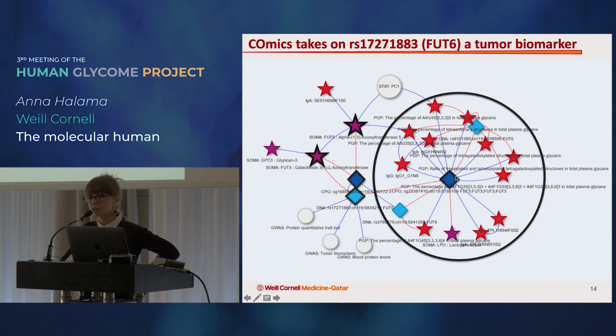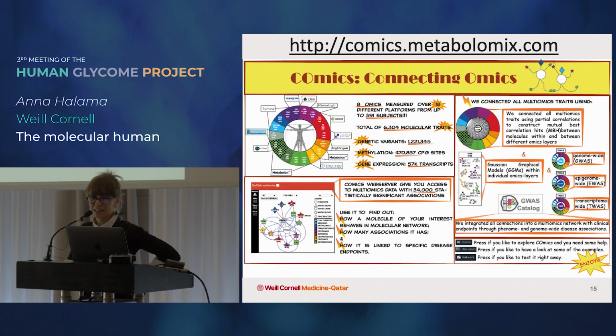And given that this particular methylation site was not previously reported in the context of cancer, it's also giving us a specific hint and can support us in further discoveries related to this methylation site. So with this example, I would like to finish my talk. I hope that I encouraged you to visit our server. Please have a look, enjoy as we enjoyed working on this project.